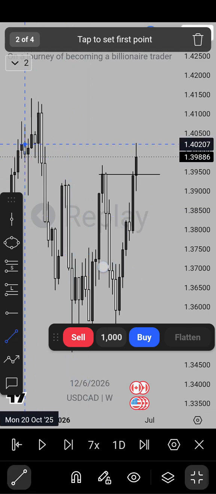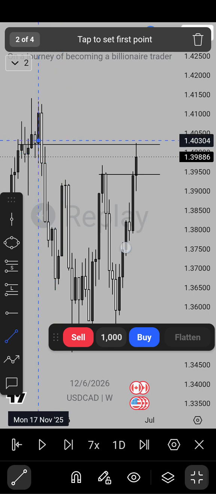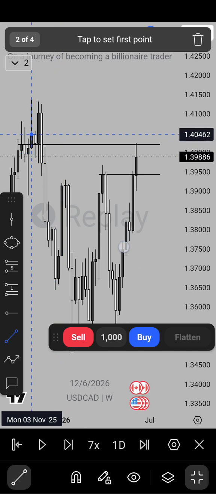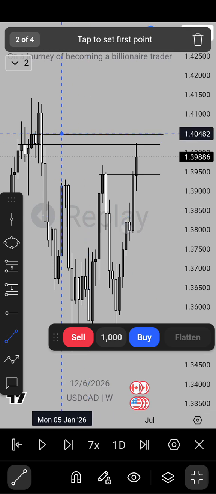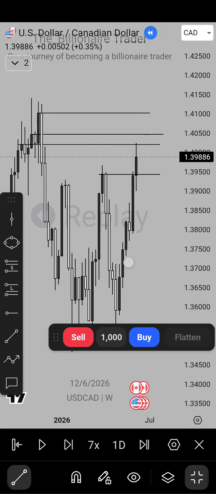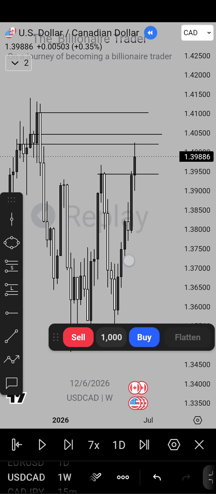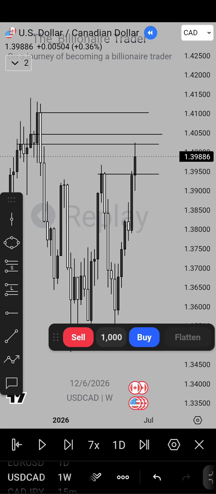And the next opposing key level we have is here, that particular level, and another one is here. The next one is here. So we are only going to consider all these opposing key levels provided that we have daily breakouts that confirm the direction. Now let's go to daily time frame.